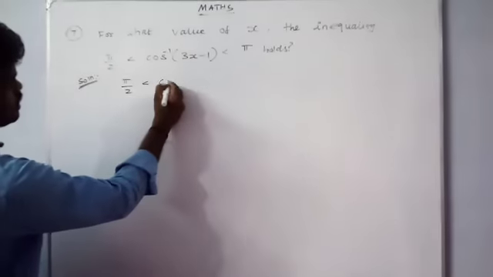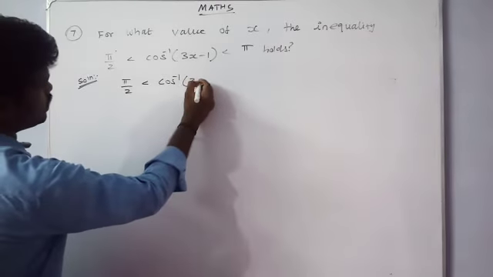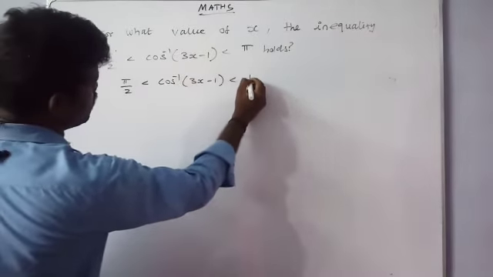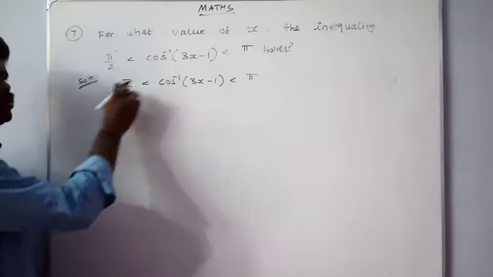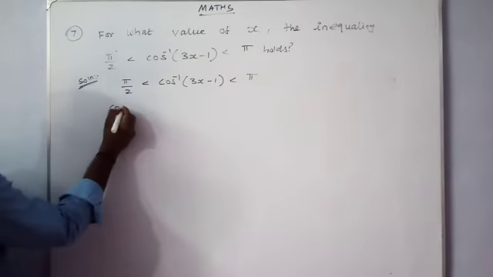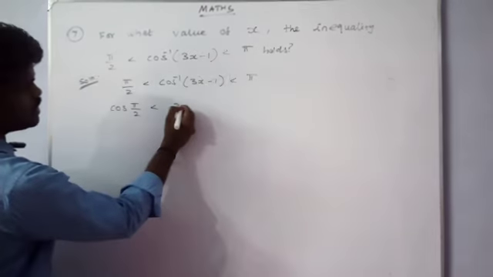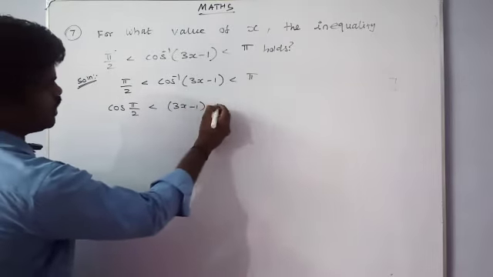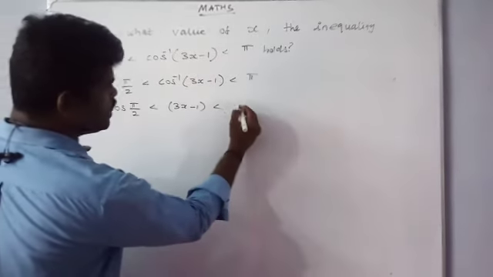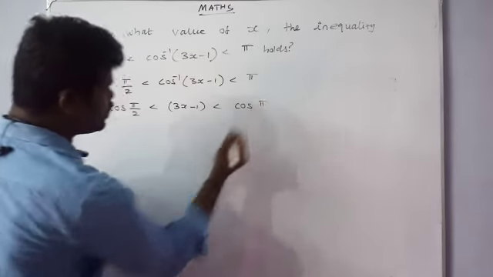Let us take this inequality: pi by 2 less than cos inverse of 3x minus 1 less than pi. Take cos inverse to this side: cos pi by 2 less than 3x minus 1 less than cos pi.